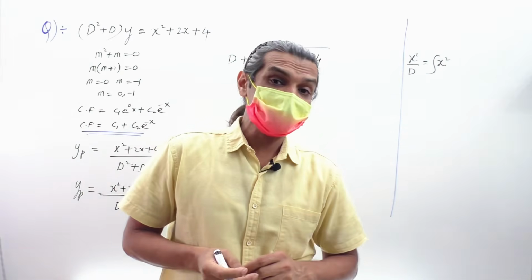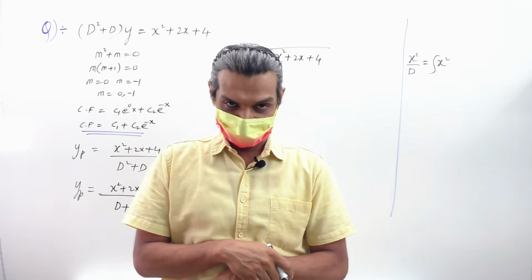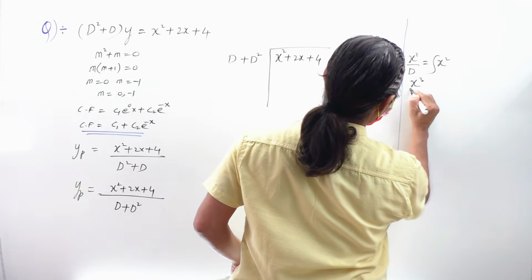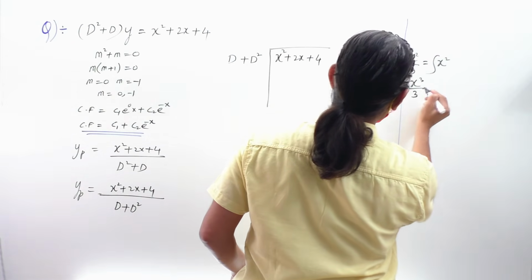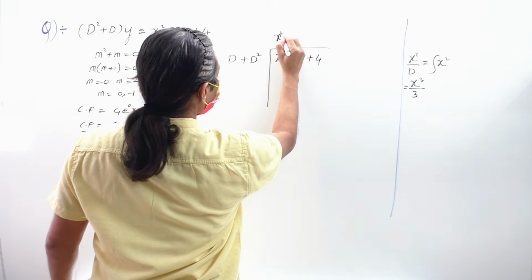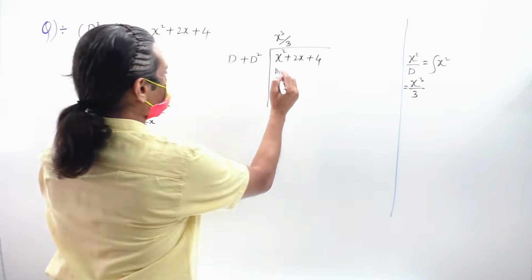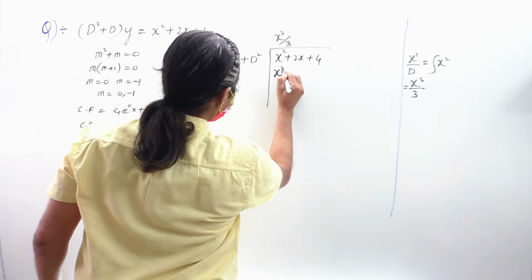It's a very standard integration. Integration of x to the n is x to the n plus 1 by n plus 1. So, integration of x square is x cube by 3, x raised to 2 plus 1 by 2 plus 1. So, I have here x cube by 3. That means d into x cube by 3 will automatically become x square.